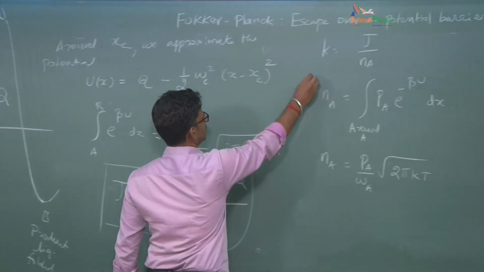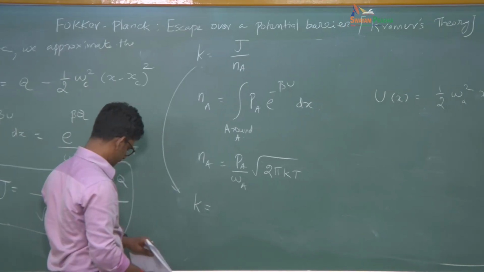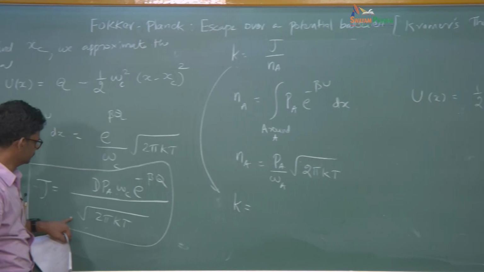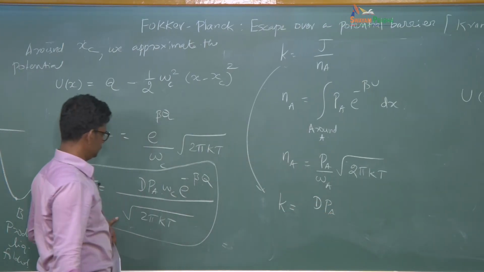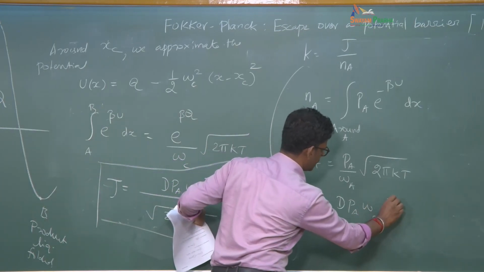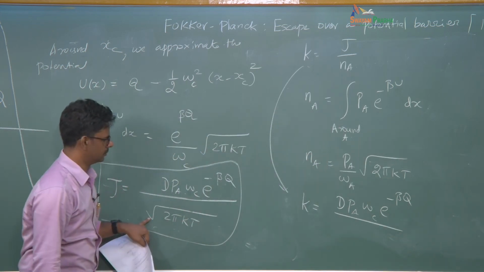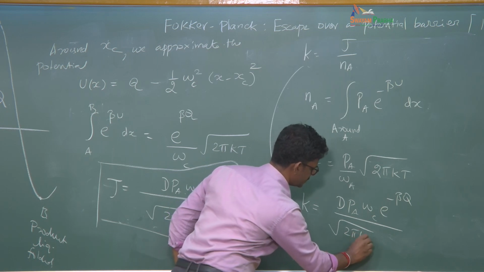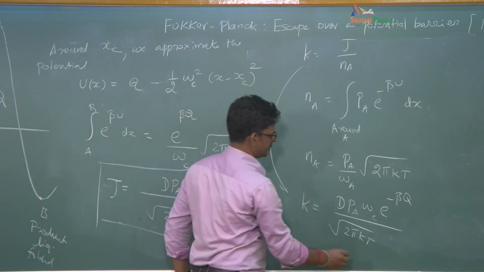So substituting that in K, you will get D Pa omega c e power minus beta q over 2 pi kT. Okay, so this is J, and then now we divide this with Na.